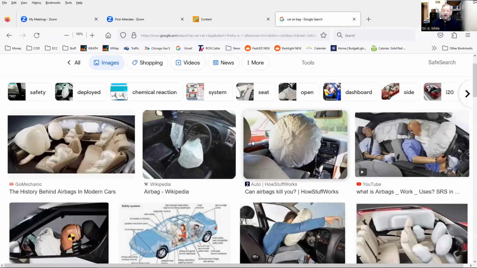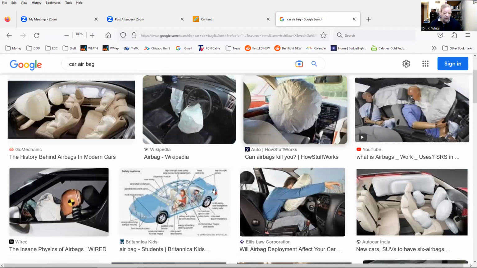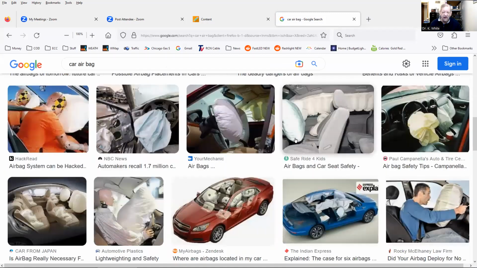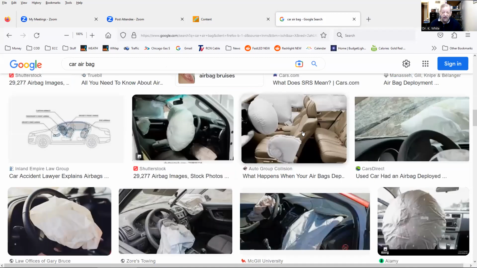Here they show the car airbag, which is a safety device. I have one, and I hope you have them in your cars too. On impact, they inflate, and they do it very quickly. You can look up videos to see if they show it.